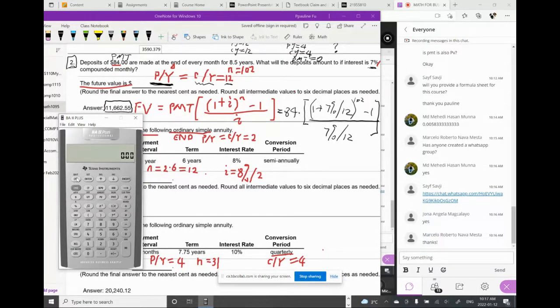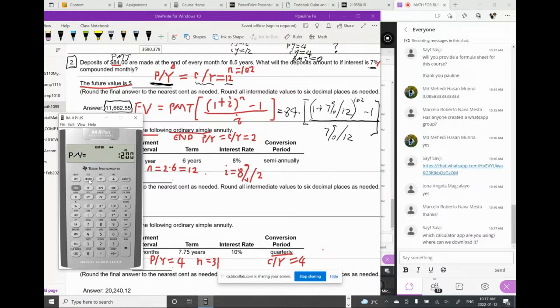How to set PY, CY? Do this. Second, this button here. Second PY, you have PY. Click second, then this button. Watch where's my mouse. PY equal to 12, so 12. You press enter.